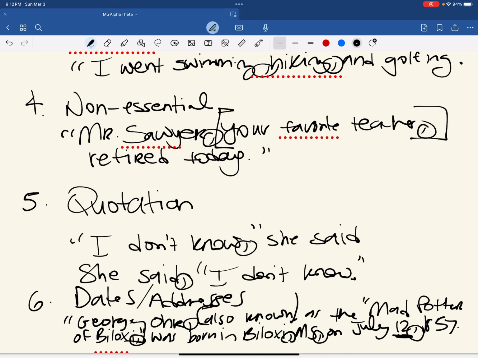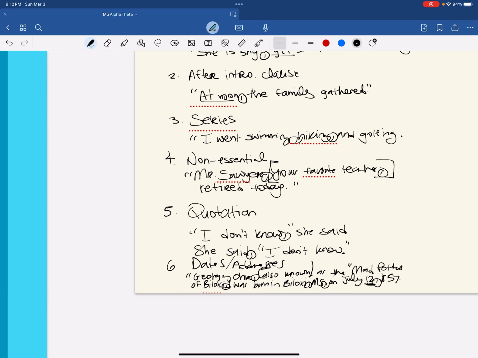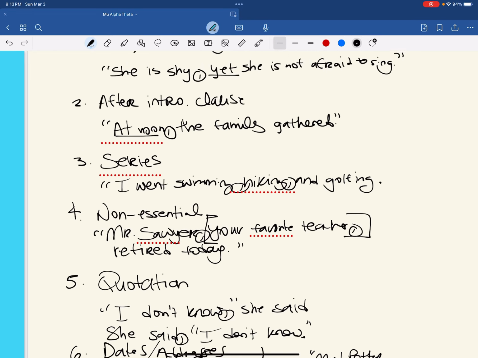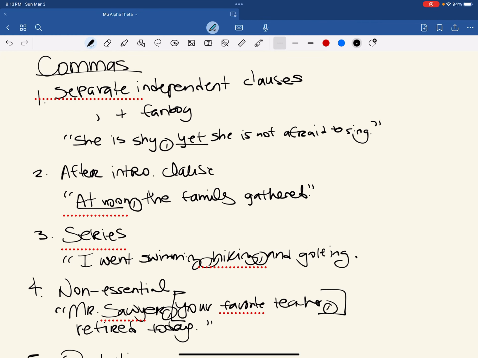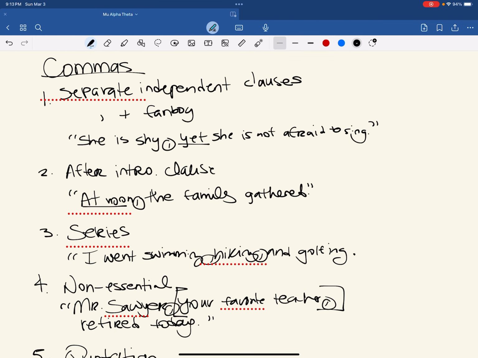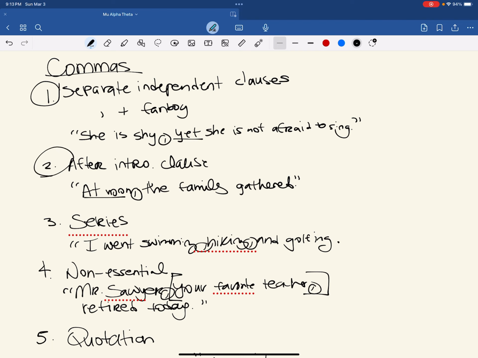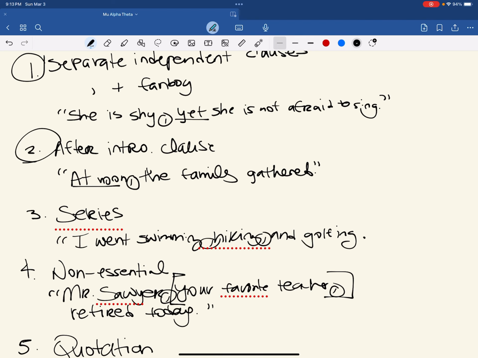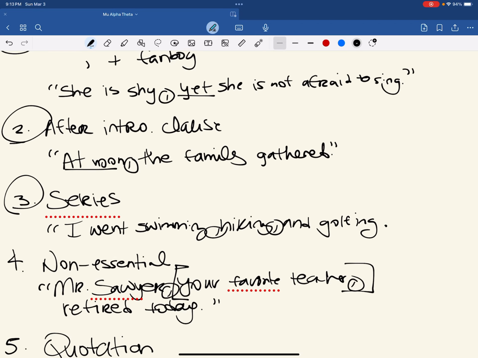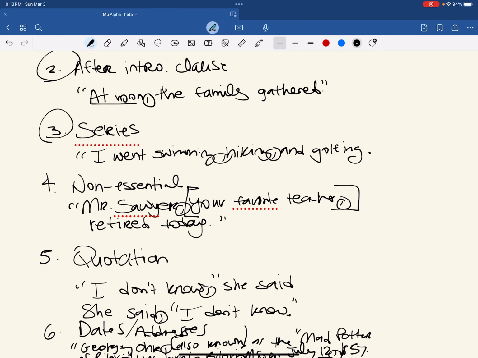So we have 6 different ways to use commas. 1, to separate independent clauses, and you need a fanboy with this. And then 2, after an introductory phrase, or also known as a dependent clause. 3, a series, separate items in a series. Make sure you put the comma before the and.